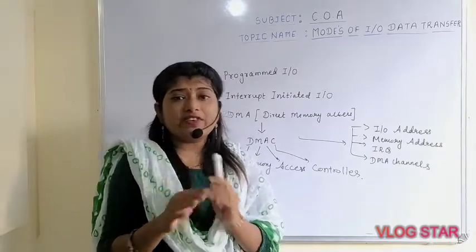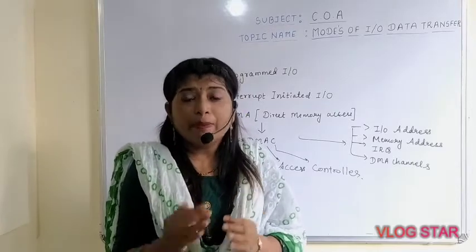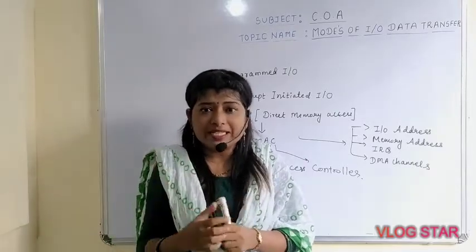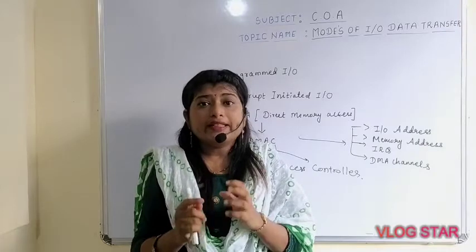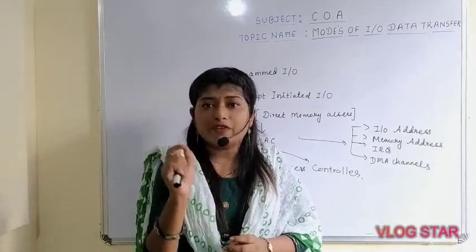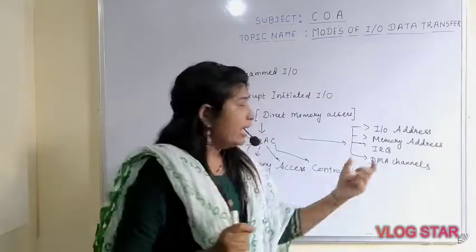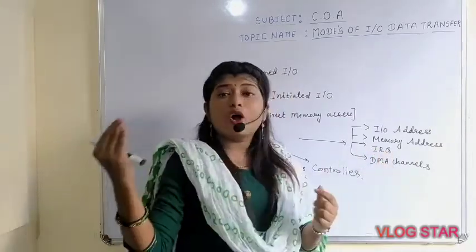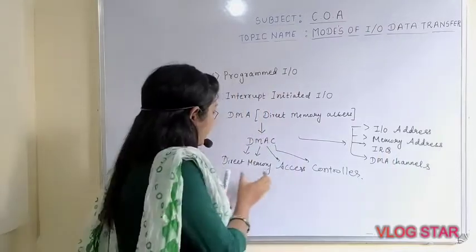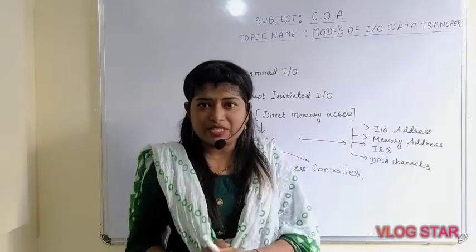Once the data transfer is completed between the input output device and the DMA channel, the CPU receives an interrupt request from the DMAC, that is the direct memory access controller, for further processing.